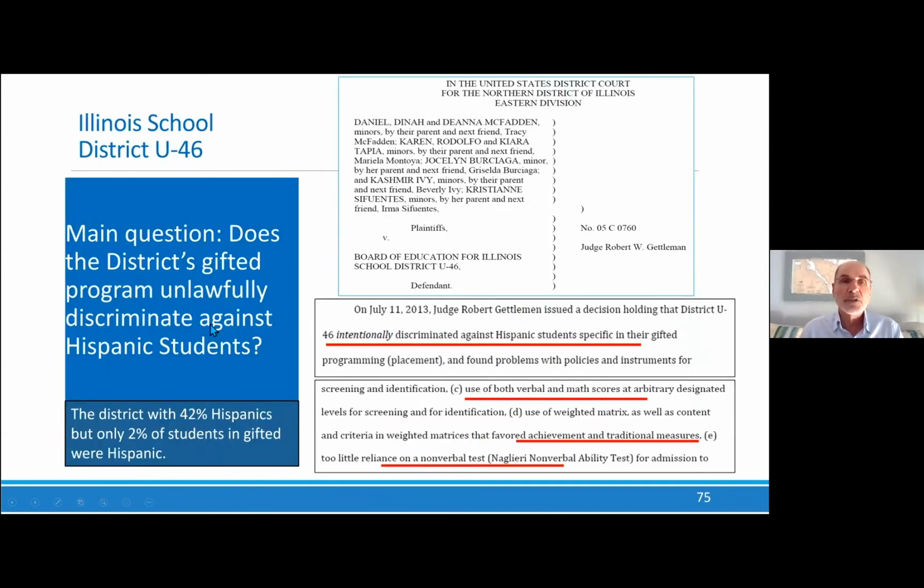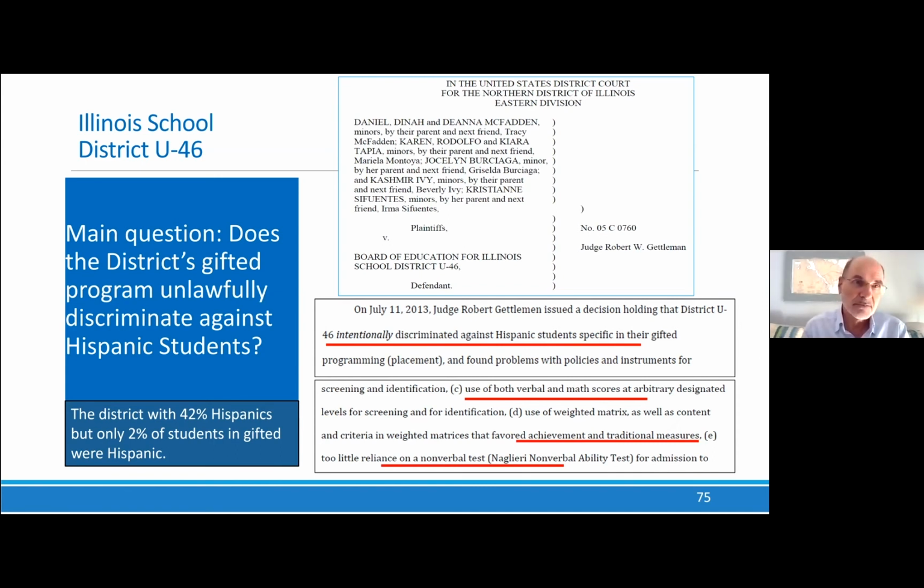I'll just tell you, there's a really interesting court case in Elgin, Illinois, that had to do with gifted. I do a lot of work with fair assessment of gifted kids. I'm actually going to publish three tests for gifted next year. To give you a little bit of background, the district is 42% Hispanic, and only 2% of gifted kids were Hispanic.